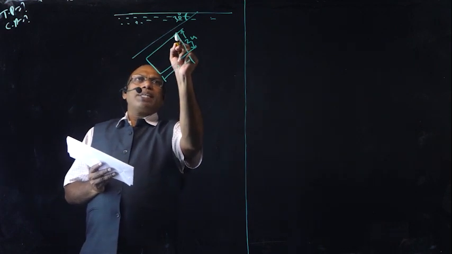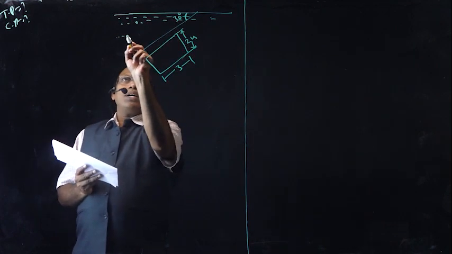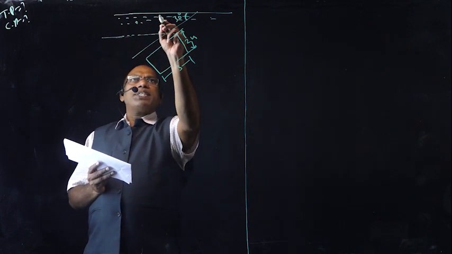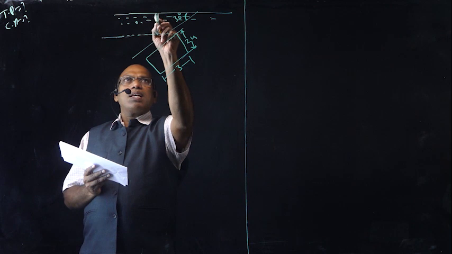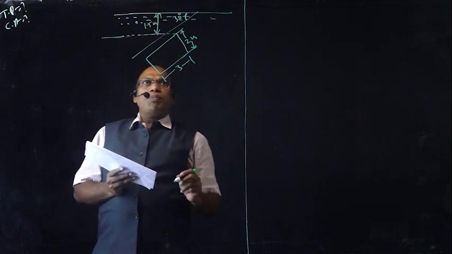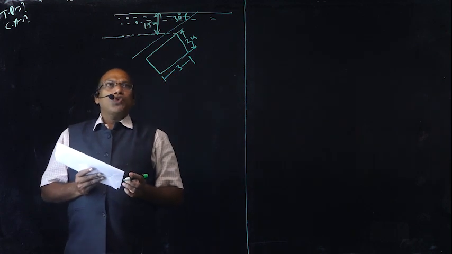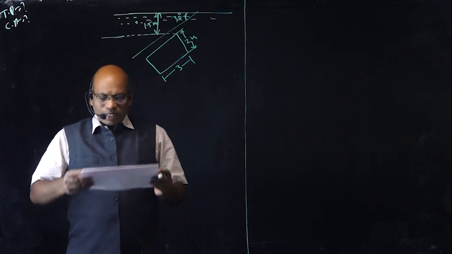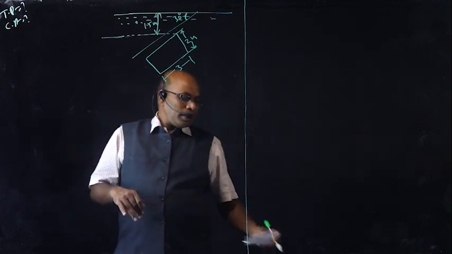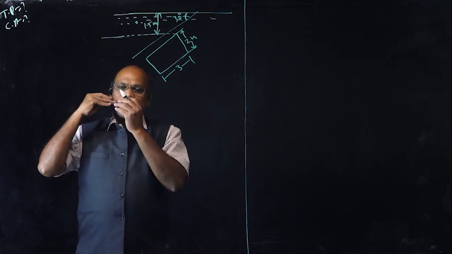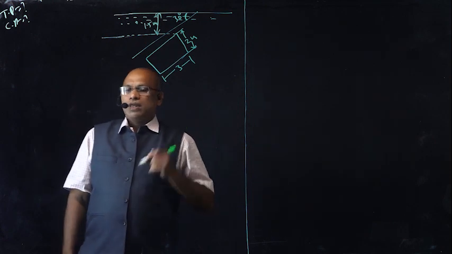The upper edge is 1.5 meters from the free surface. This is the given data. Based on this data, we are going to determine the total pressure and center of pressure.